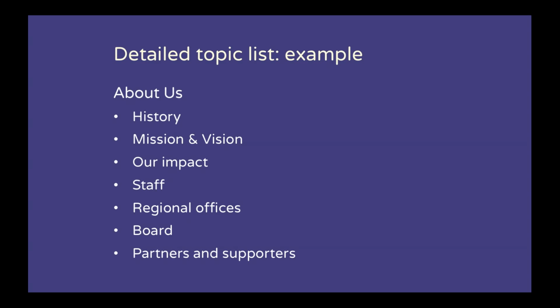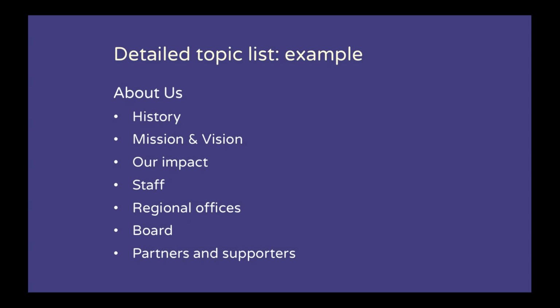So it was very important that their staff listing was there and that all of the contact information and an explanation of their different regional offices was there. Again, like many organizations, they featured their board and they wanted to showcase their partners and other supporters. So this is getting more into what you would think of as actual pages of content. There would be a page that has our history, a page with our impact, for example.